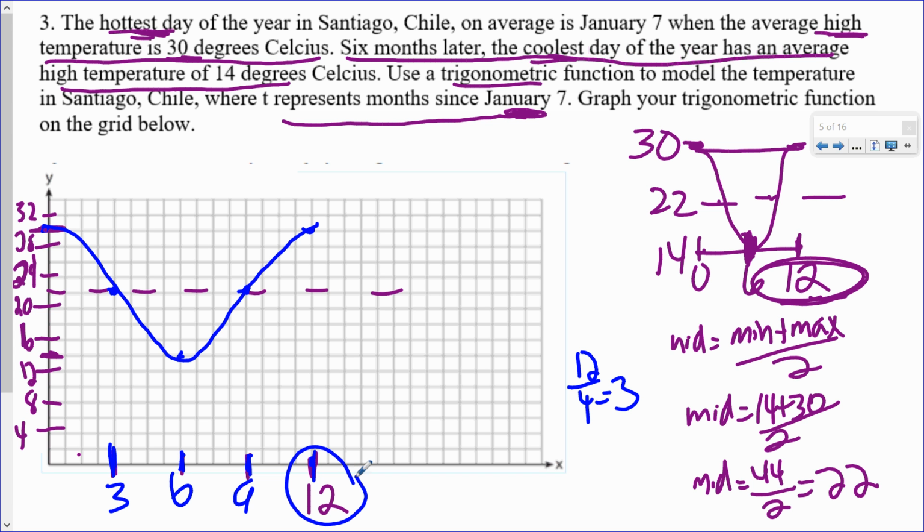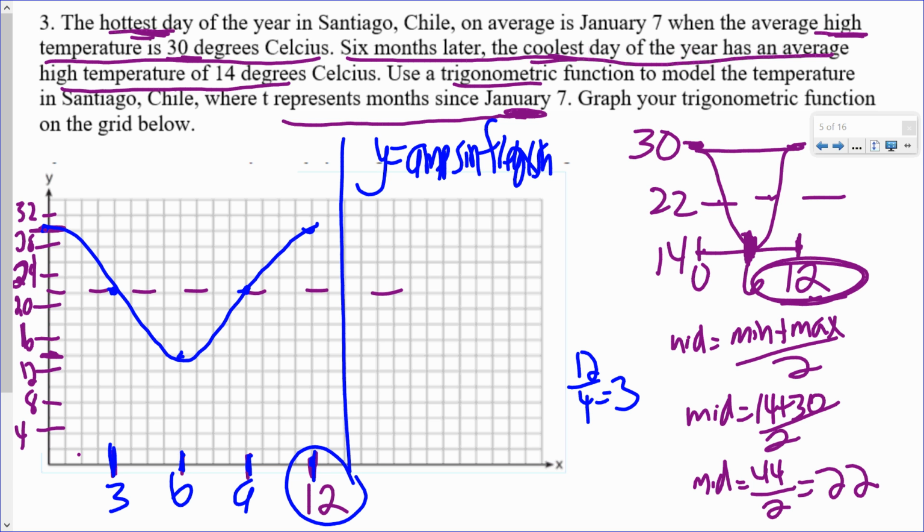Okay, now that I have that, I want to write the equation. Y equals amp sine freq x shift. So the amp is going to be, well, the distance from here to here is 8. All right, the amplitude is the distance from the midline to the max or min.